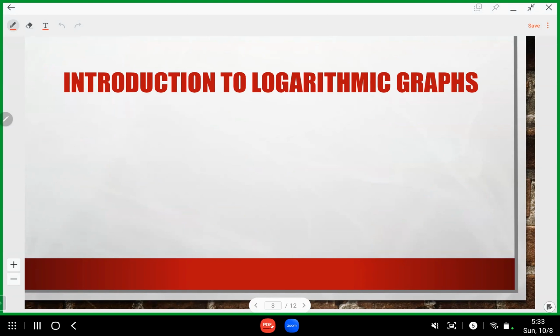So let's look at what a logarithm function is. A logarithm function is f of x is equal to log base b of x, where b is greater than 0 and b does not equal 1.